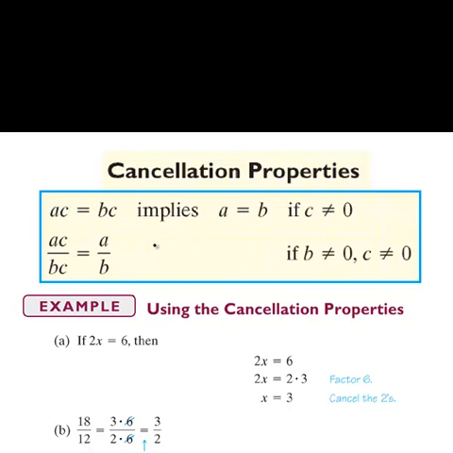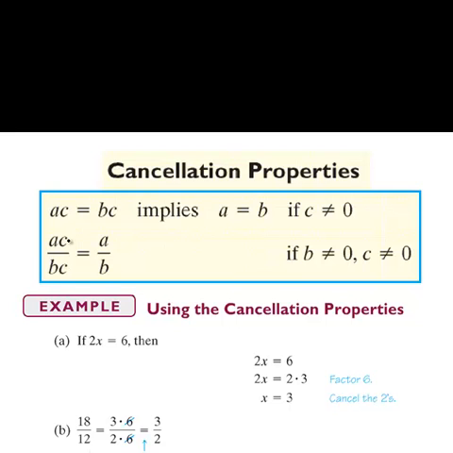The rules for cancellation apply here. If you have an equation where there's a common multiple on both sides, then you can divide that out. For example, you have 2x equals 6, and you know that 6 is 2 times 3, then you can divide out 2 from both sides.